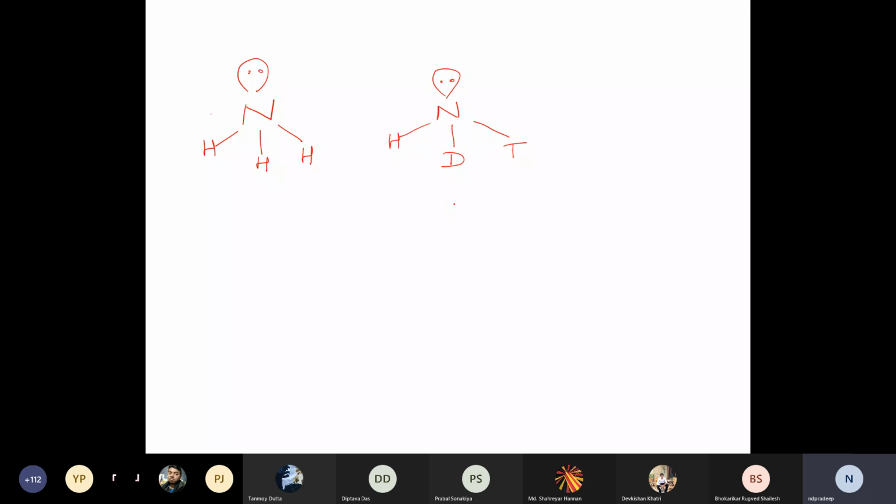For example, what should be the other enantiomer of this? If you look carefully, it should be the other way around. Theoretically this should be right, like this. Then the molecule should be chiral, and we can get two different forms.